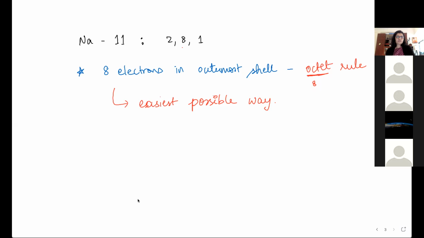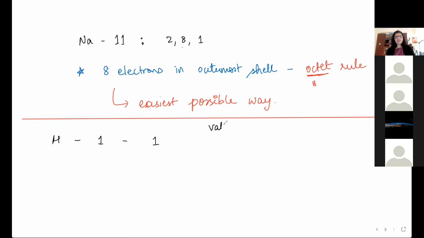Okay, so because of this rule, it gets really easy to figure out the valency of elements. All right, so starting with hydrogen. Hydrogen ka atomic number is 1. So electronic configuration also is 1. So iska valency kya hoga?